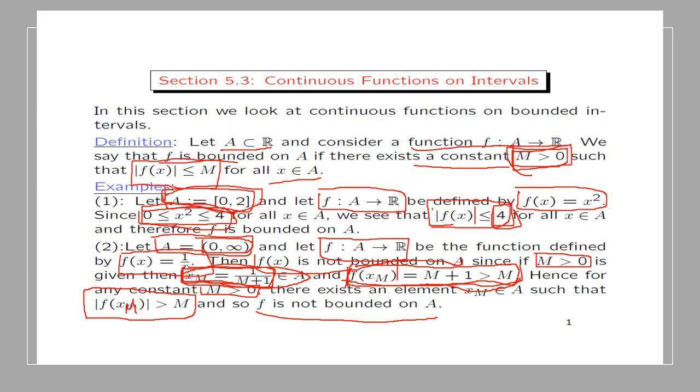Because for every constant m bigger than 0 that you pick, you will find an element xm in A such that the magnitude of f of xm is bigger than m.